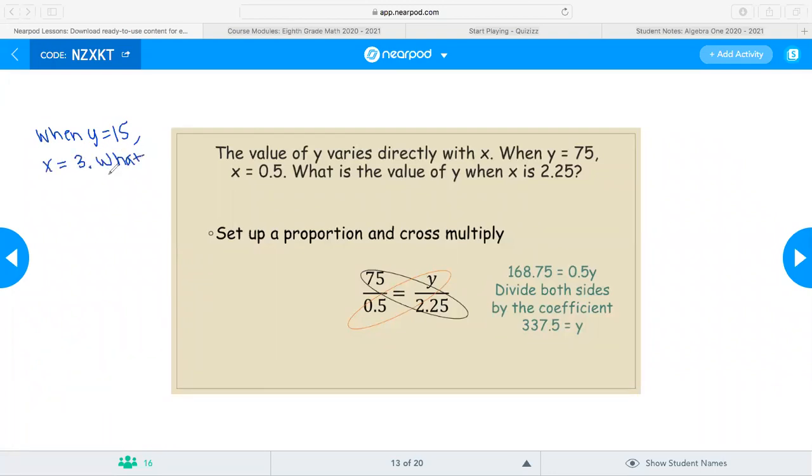What is x when y equals 105? I'm gonna give you 2 minutes, and I want you to write your answer in the chat. So try to just private message me, not out to everybody.